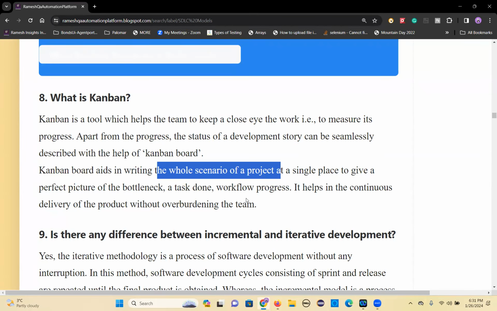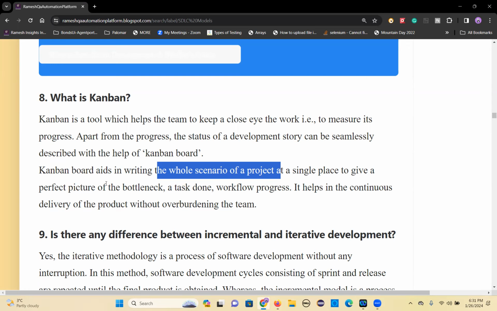Then you can see the workflow also. Workflow means first definition of ready, then in progress, deploy, review, testing, then definition of done and close. This workflow you can see in the Kanban board.